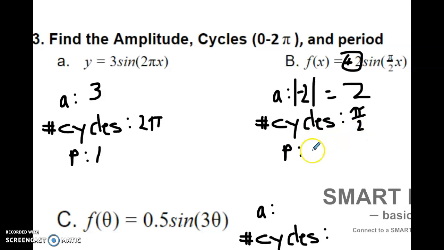And the period is 2 pi divided by pi over 2. So we have a number being divided by a fraction. I'm going to invert and multiply by 2 over pi. The pi's cancel out, and you end up with 4.